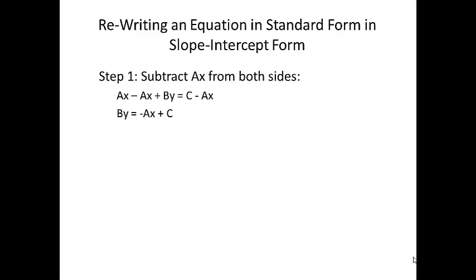The commutative property allows me to rewrite the terms of the equation. Notice that I brought the minus sign with the term Ax, so we have negative Ax plus C.